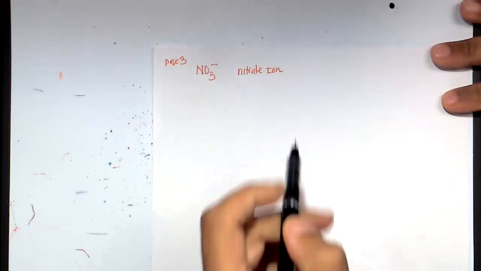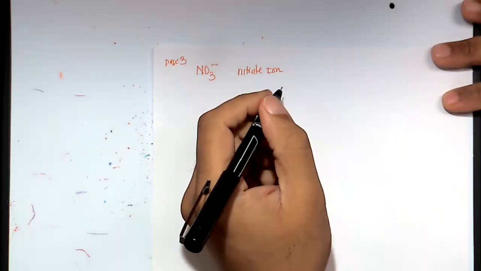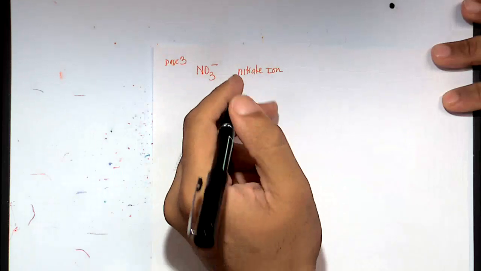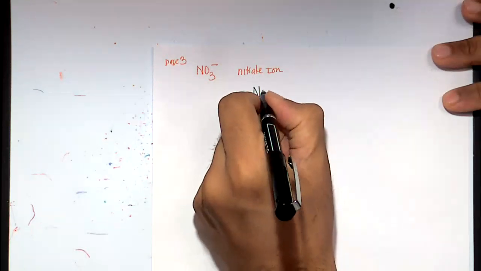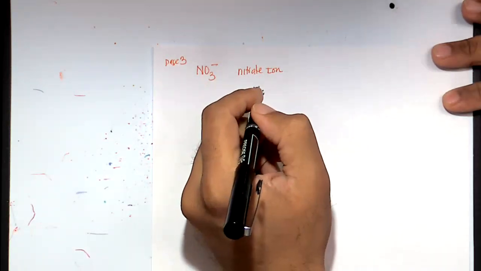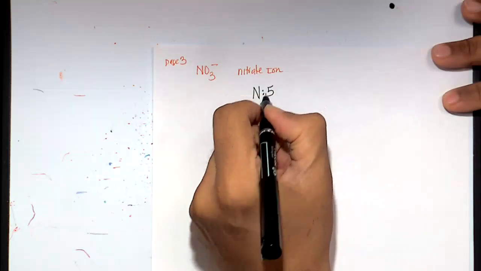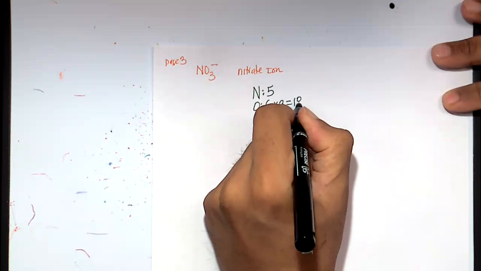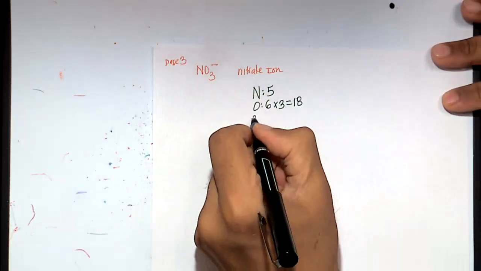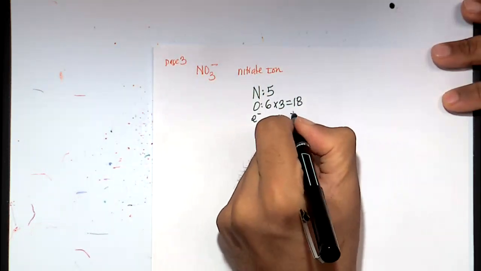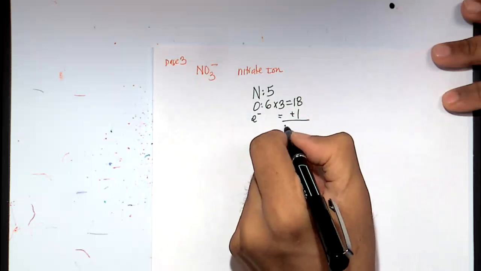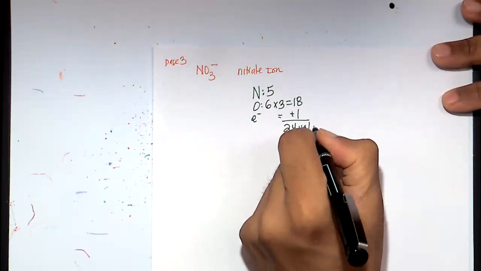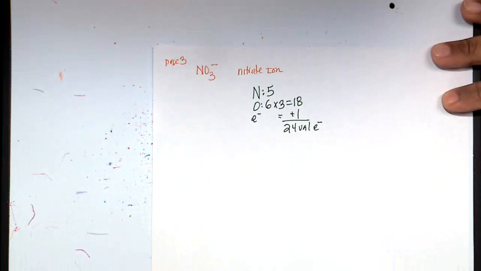Let me draw the structure of this for you guys. So what is nitrogen happy at? 5, right, very good. Oxygen is happy at 6, but we got 3 of them. So 6 times 3 is 18, and that minus sign, what will that tell you? Plus 1. So we have to put 24 valence electrons around the nitrate ion.